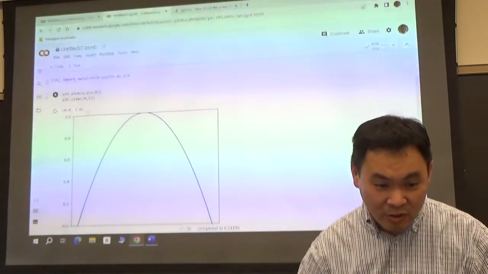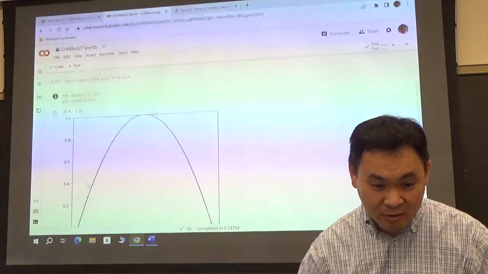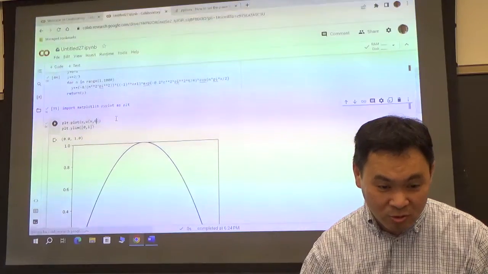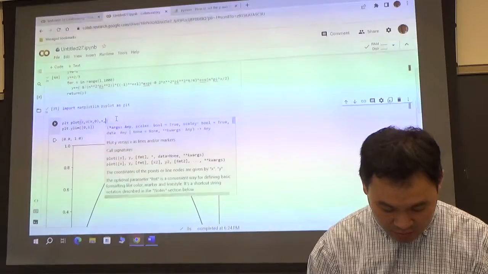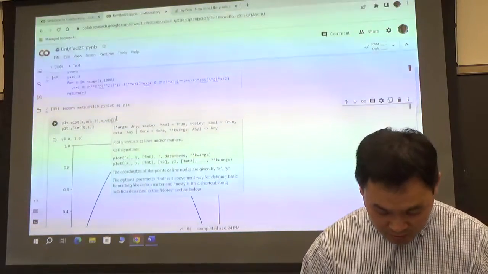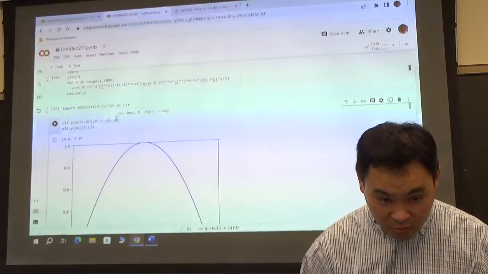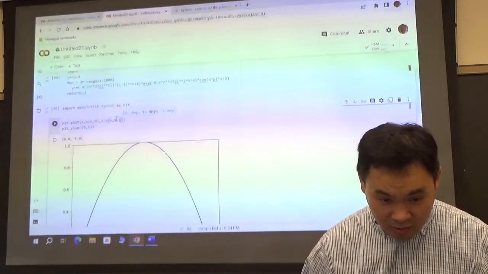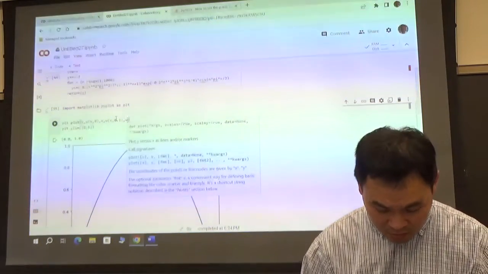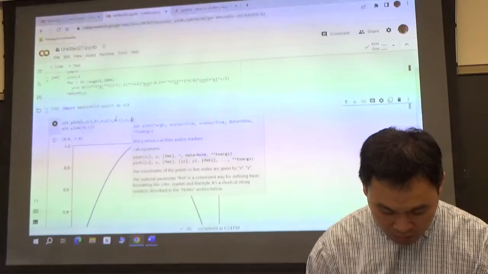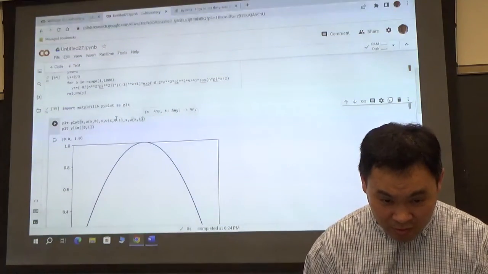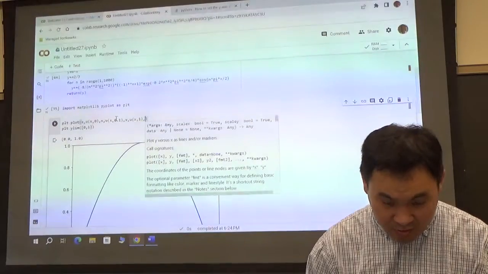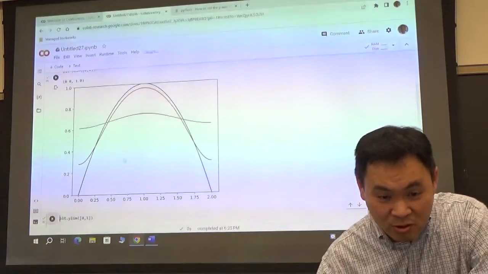and if you want to compare the two, I can plot it over the other one. Ux comma 0.1, Ux comma 2, no, 1, and then yeah, let's just plot these three together.